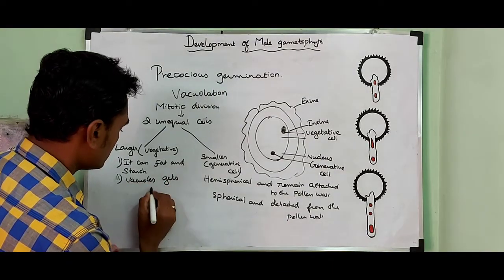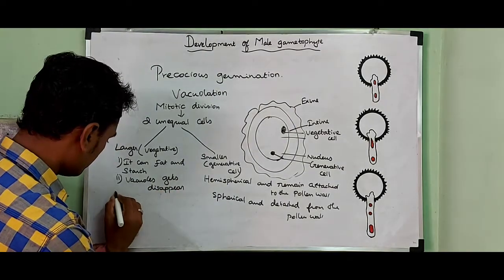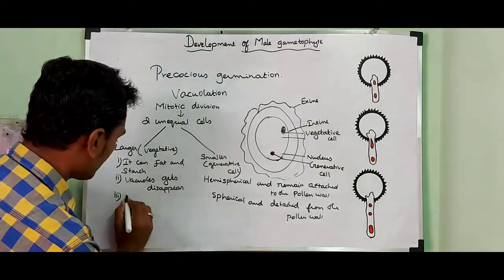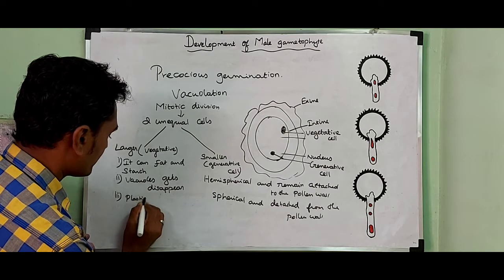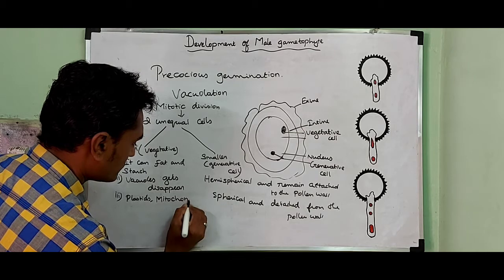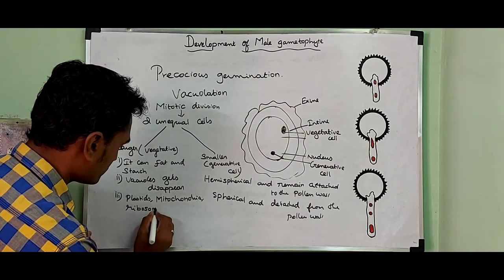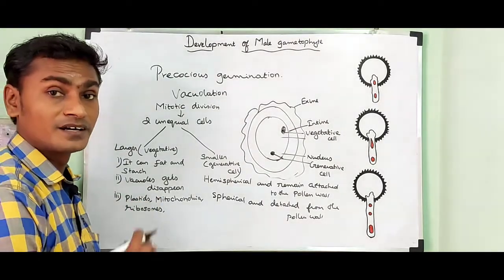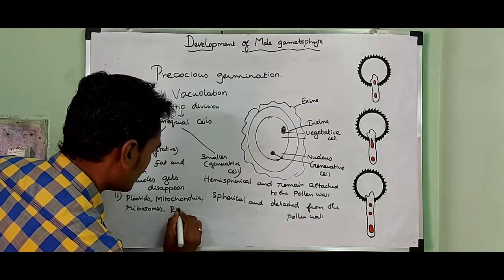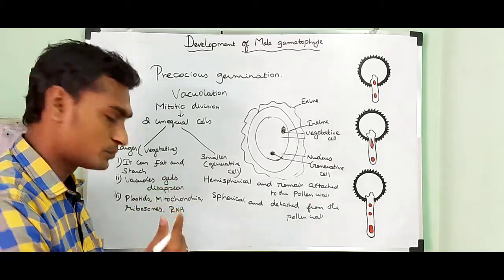Then it contains cell organelles like plastids, mitochondria, ribosomes, and RNA. It contains RNA content. If RNA is present, it is able to produce a large amount of proteins.